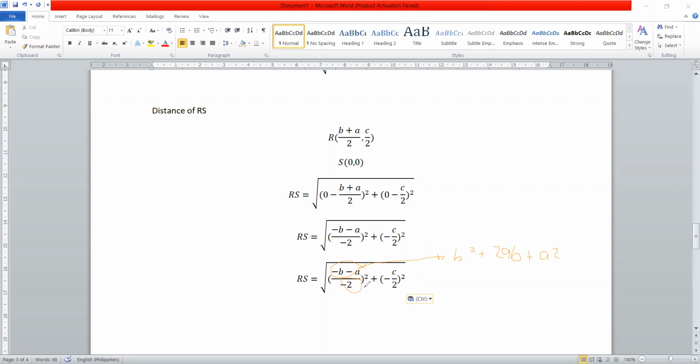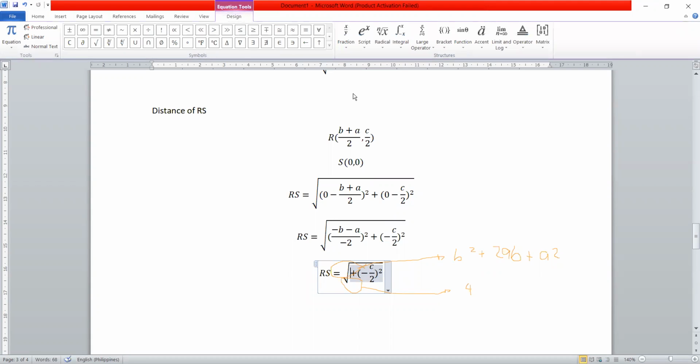And for your denominator again, that's 2 squared, so that's 4. So let's just write that one. So that's b squared plus 2ab plus a squared divided by 4. And for this one, that's just c squared over 4 again.